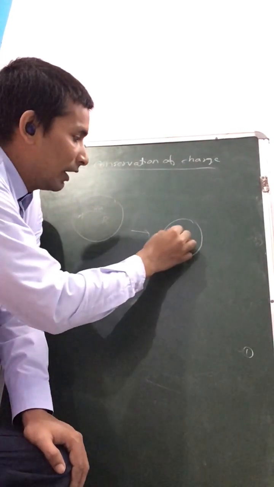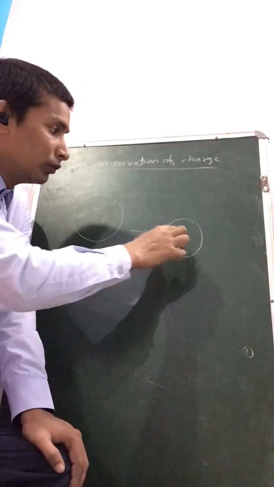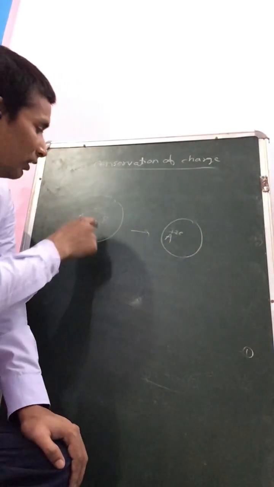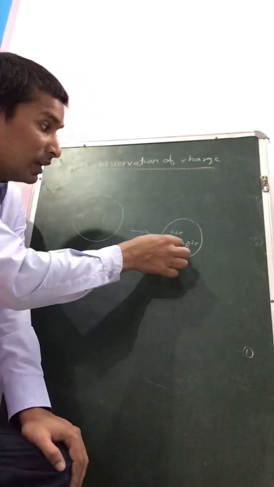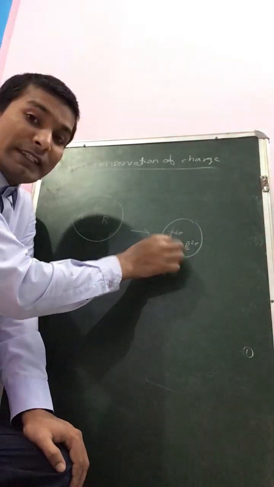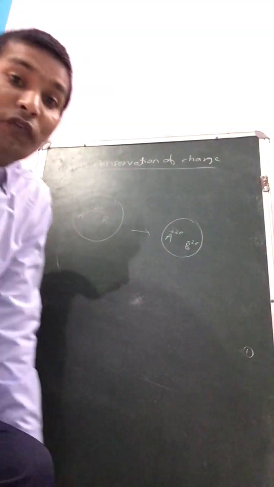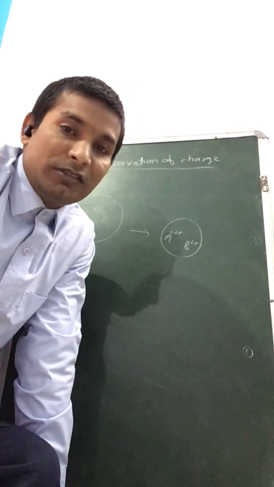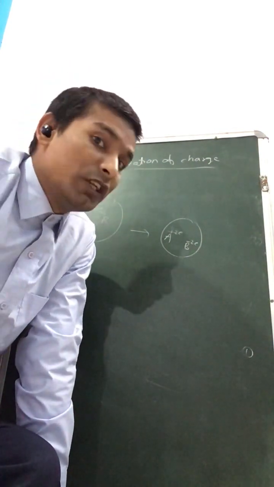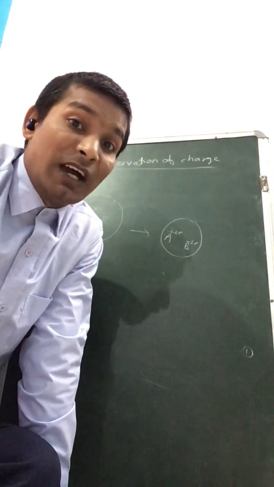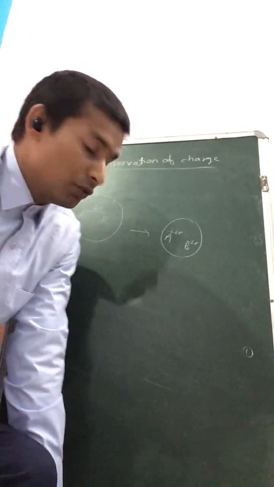So A will acquire plus 2 electron charge, right? And B will acquire minus 2 electron charge. So see here net charge is again 0, right? So we can create or destroy charge in pairs, but the charge of an isolated system remains the same.